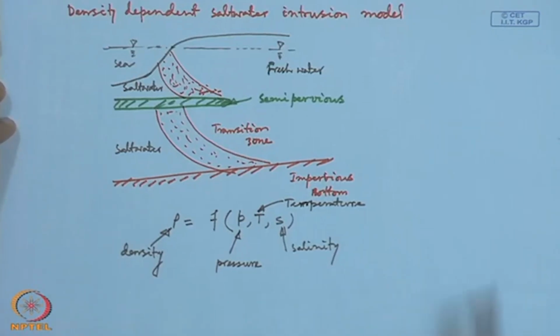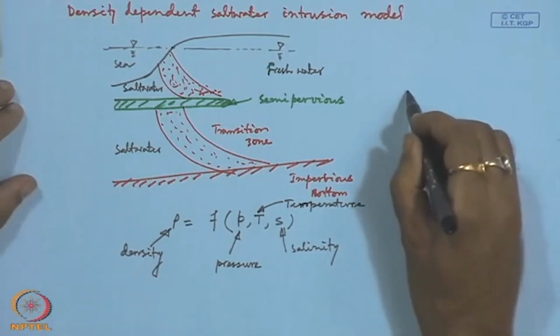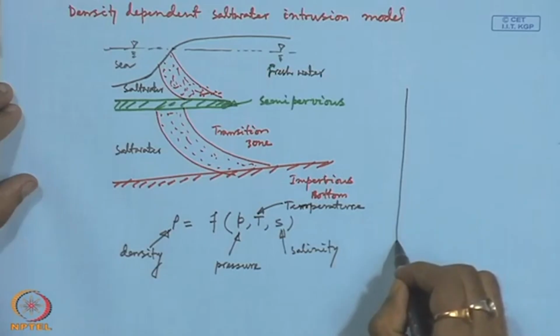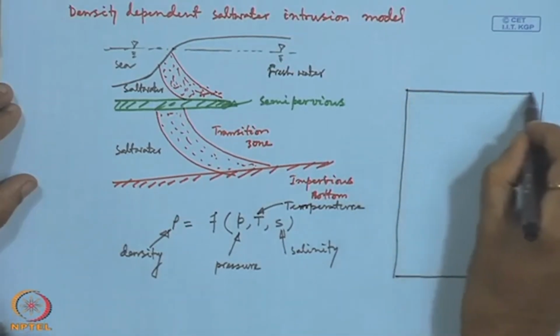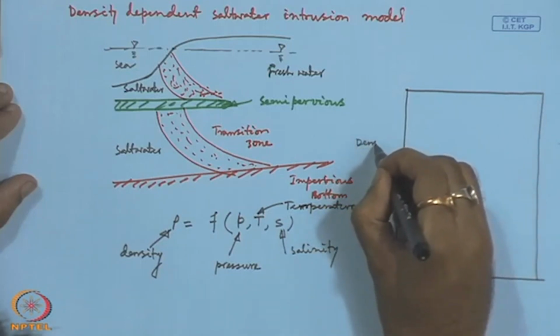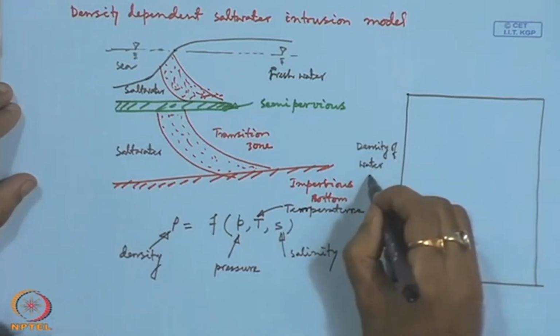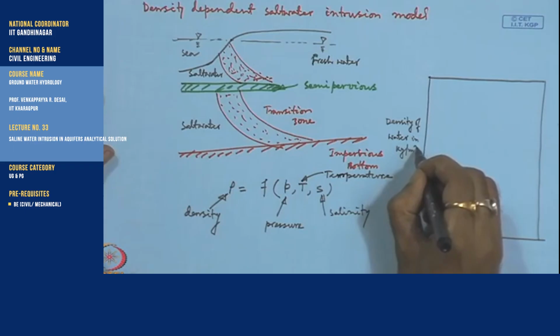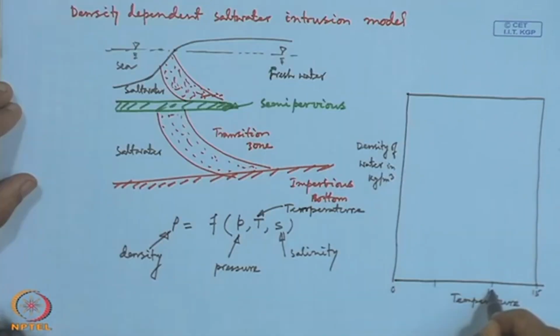If we see the variation of density, this is density of water in kg per meter cube, and this is temperature in degree Celsius: 0, 5, 10, 15.